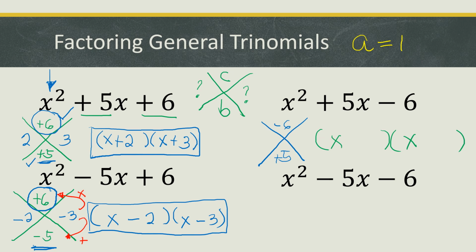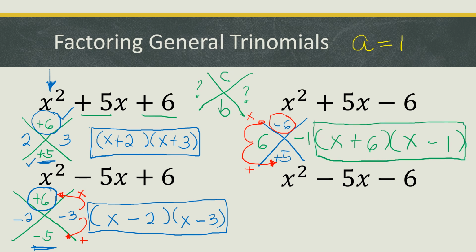Those are 6 times negative 1. 6 times negative 1 is negative 6 by multiplying. And 6 minus 1 is a positive 5 by adding. So therefore, the two factors are positive 6 and minus 1. So these are now the two factors of the given expression.